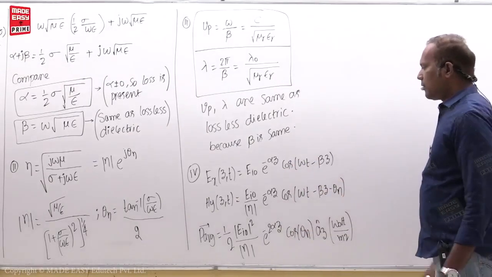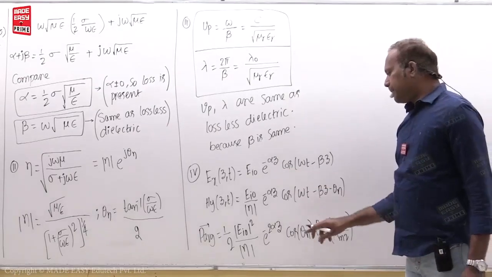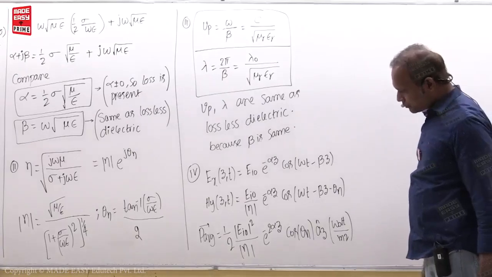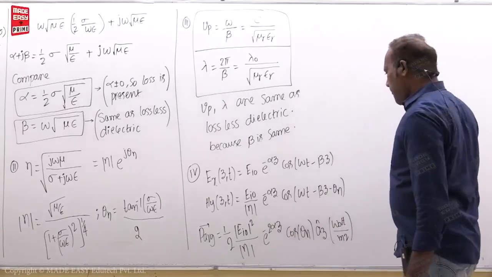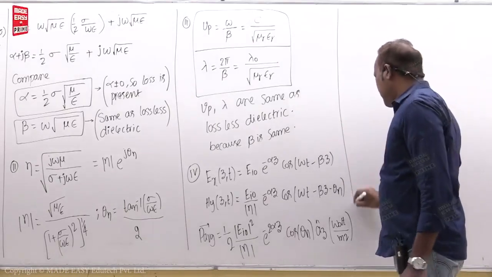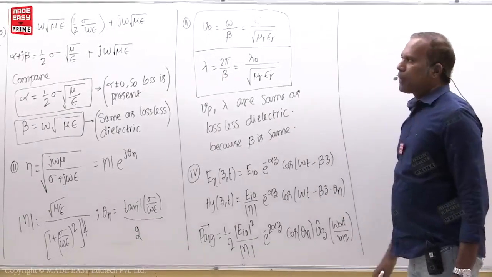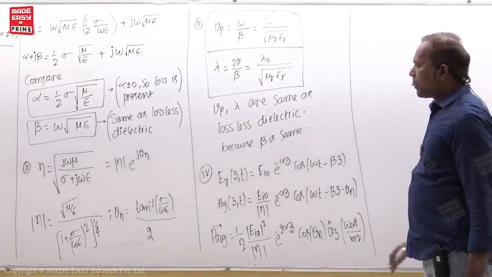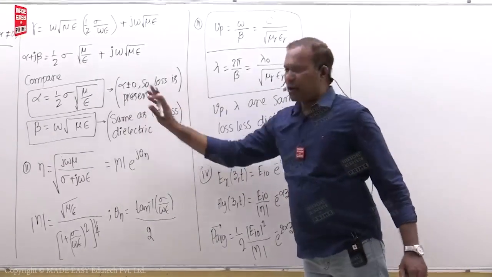They are same as general equations because alpha is present, mod eta and theta eta are also present. So this is the discussion of the wave propagation in imperfect dielectric. I am telling you, you have to remember only one formula, that is alpha formula.